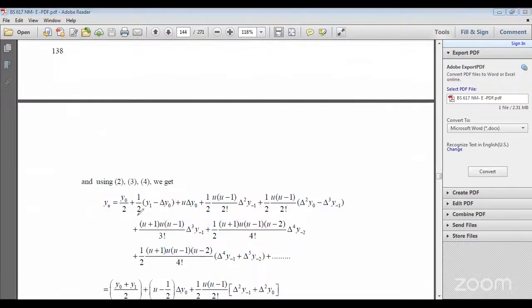y u is equal to y naught by 2 plus 1 by 2 y1 minus delta del y naught. Plus u delta y naught, plus 1 by 2 into u into u minus 1 by 2 factorial del square y minus 1. Then 1 by 2 into u into u minus 1 by 2 factorial del square y naught minus del cube y minus 1.